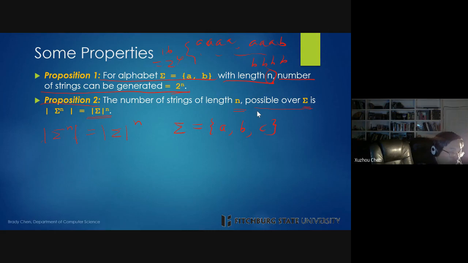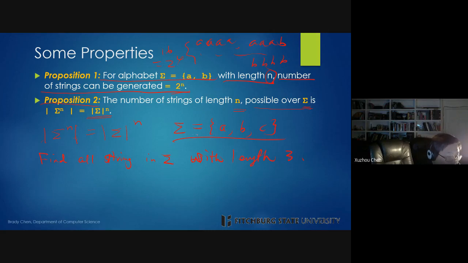Then we try to find all strings over sigma with length 3, or let's say length 4, so we use a different number.